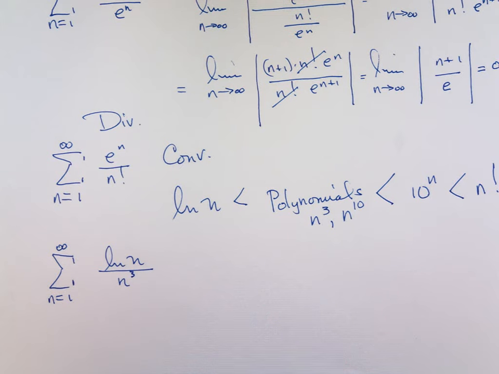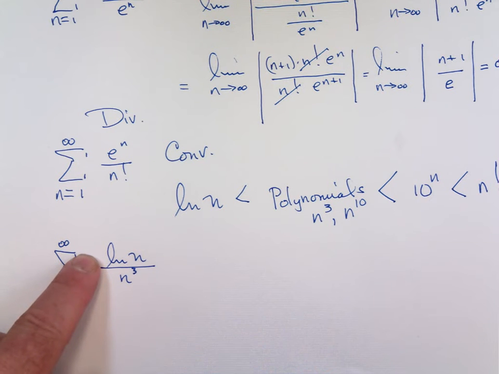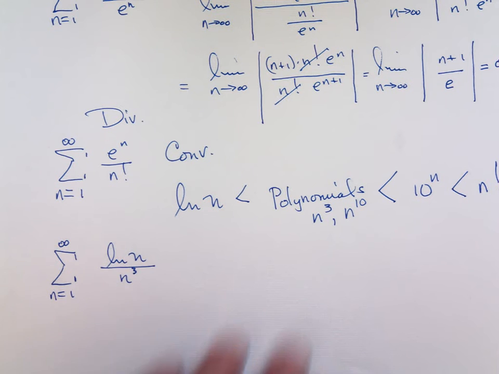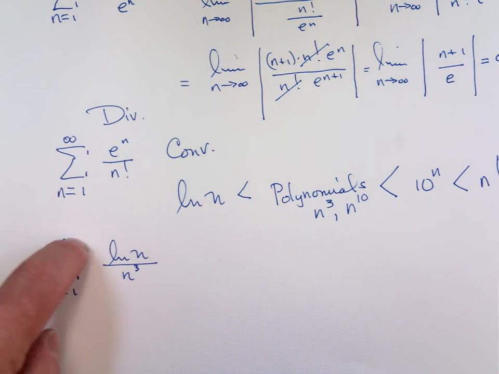And the reason it converges is because the n cubed, a polynomial, increases faster than the natural log function. So the denominator is increasing faster than the numerator, so it converges. As long as it's increasing, and these give you the relative rates of increase, so this is increasing much faster than this, so it will converge.